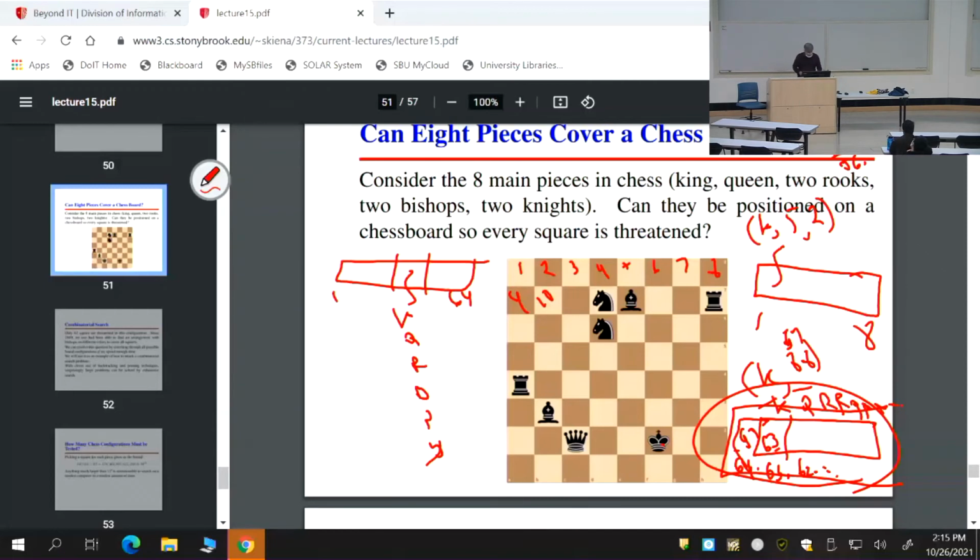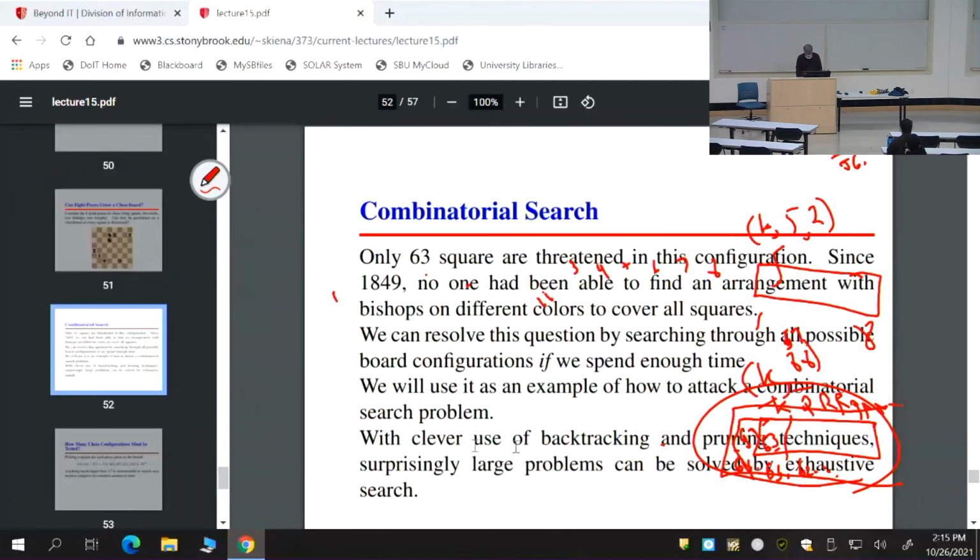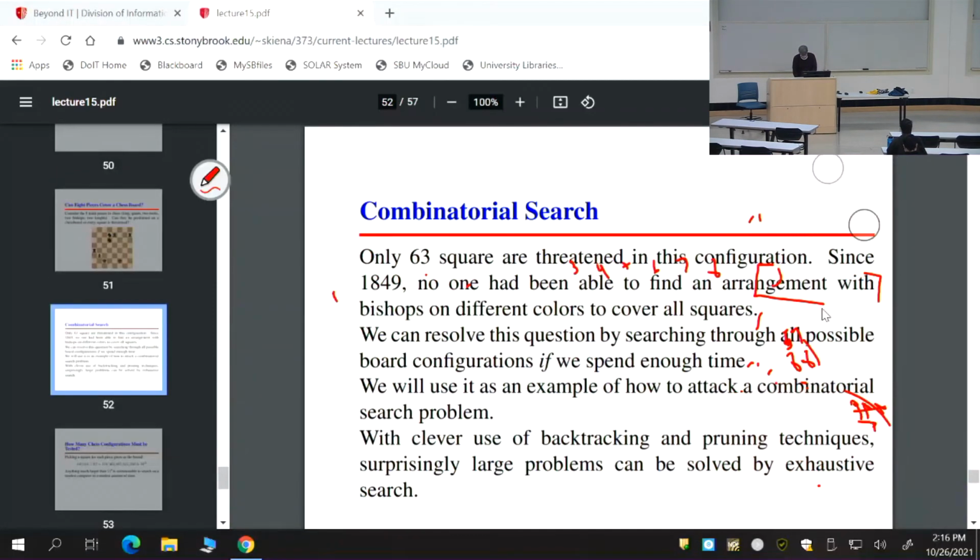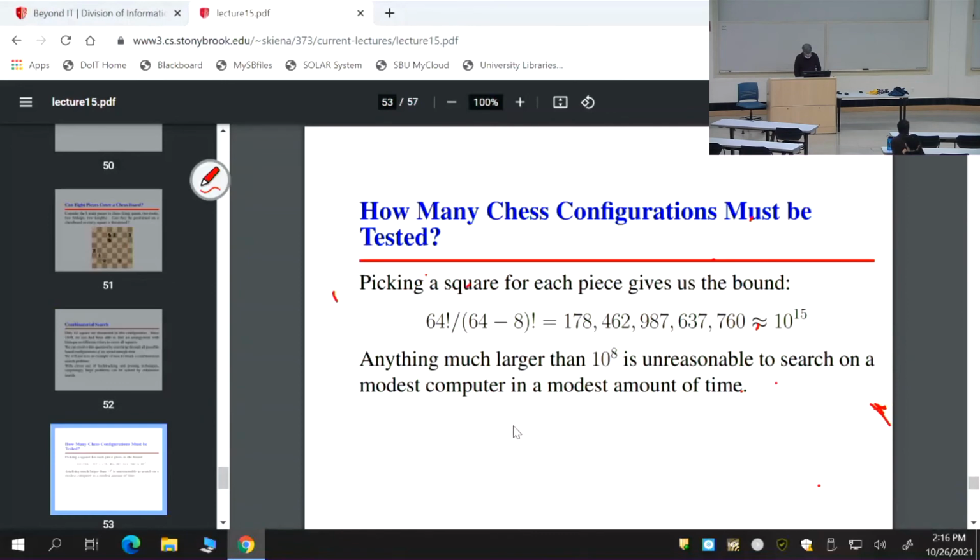One idea that you can use is symmetry. Okay, let's go back and look at this thing. So again, we're going to want to do this kind of backtracking. We're going to want to count how many configurations there are. This is basically what you were saying about the size of it.